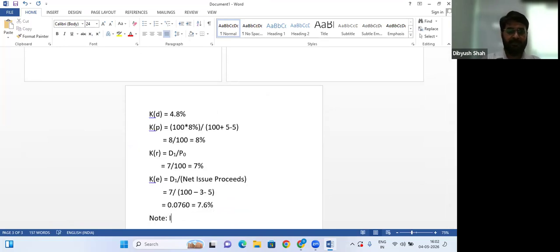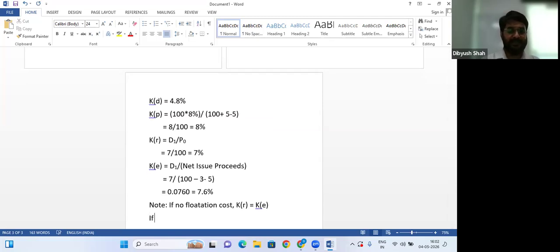Note, if there is no flotation cost, and this is what is applicable for already existing capital, then Kr equals Ke. And if there is flotation cost, then Kr will always be less than Ke, because for Ke you are paying the same amount of dividend even though you are receiving less.